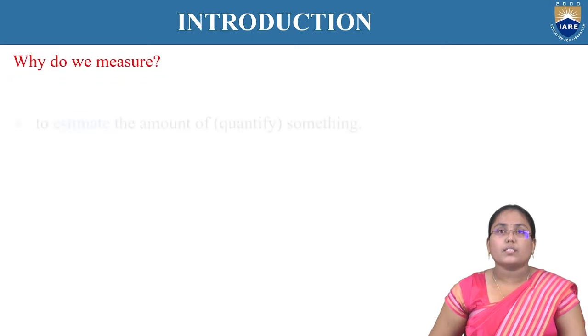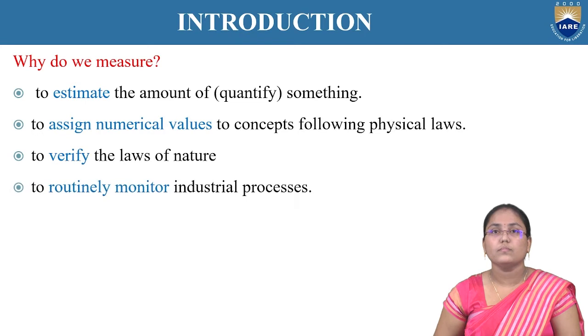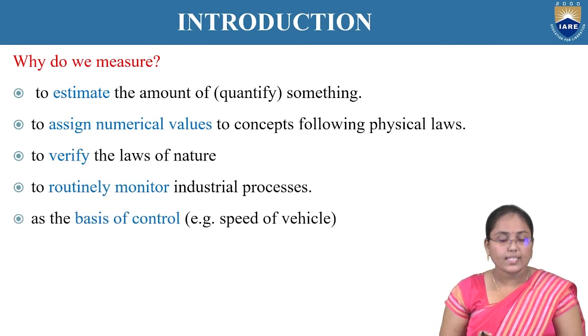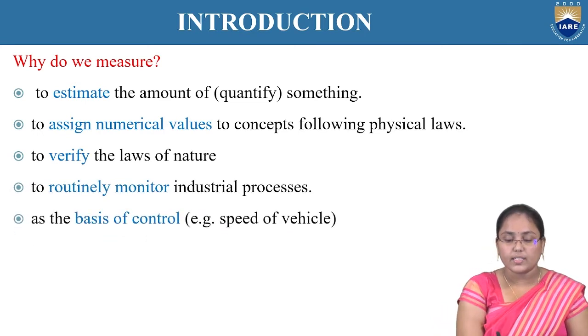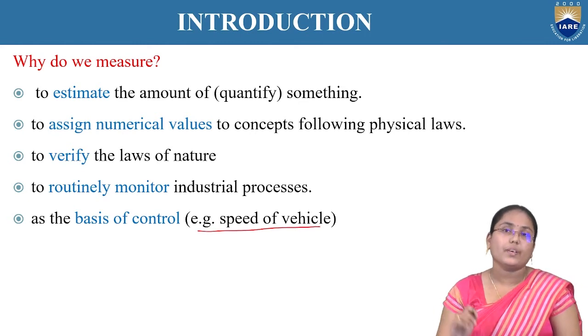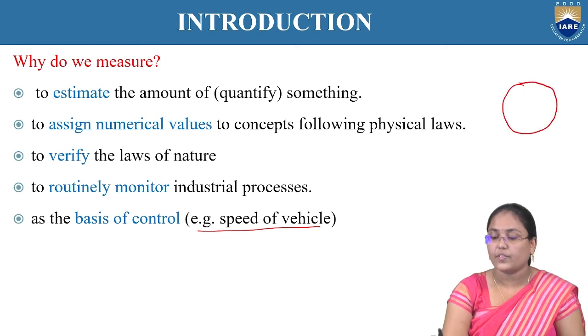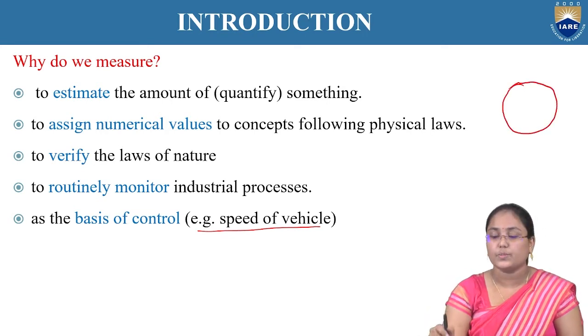So the next thing, why we measure, is as the basis of control. For example, I'm checking the speed of a vehicle. As the basis of control means now we are moving in a vehicle, and it will have its own speedometer.